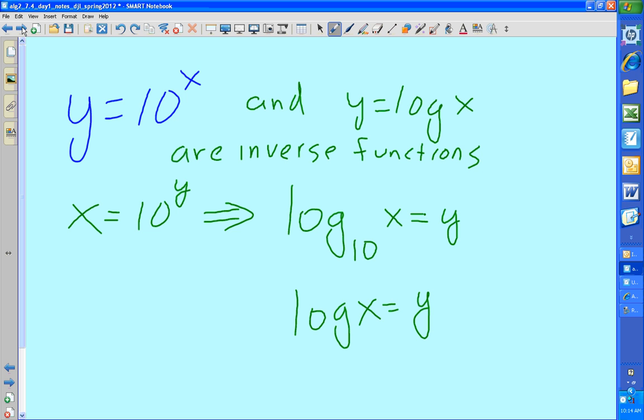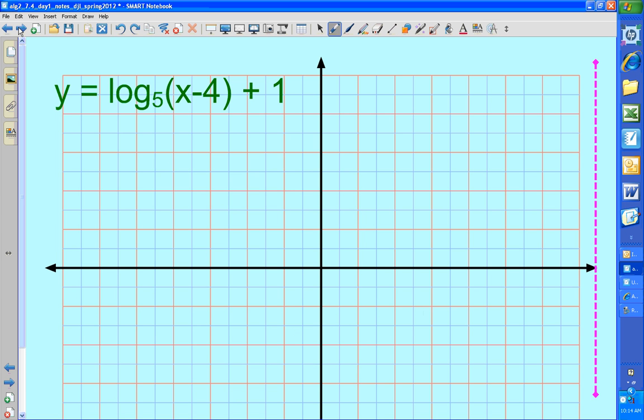Okay? 10 to the x and common log of x are always inverse functions. And that's true with all bases, a log and exponential of the same base. They're all inverse functions. Right? That's the whole point of today. Let's try one more. See how you do with this one? And then we'll move on.